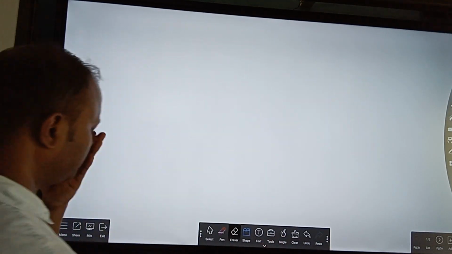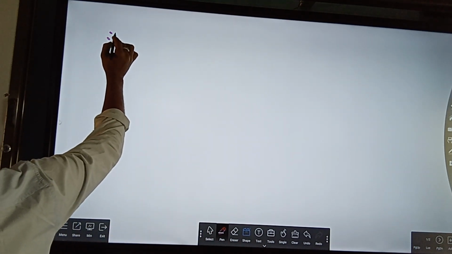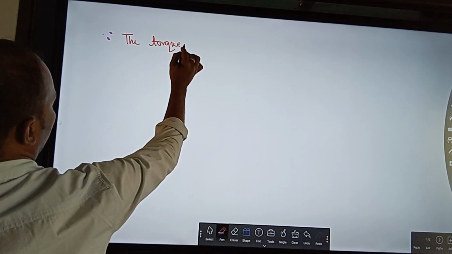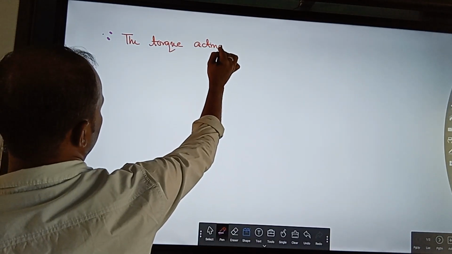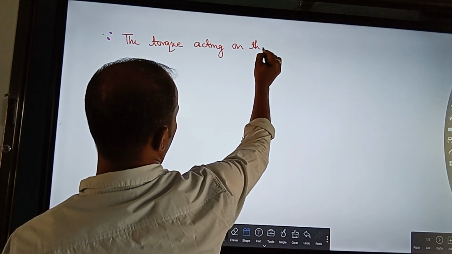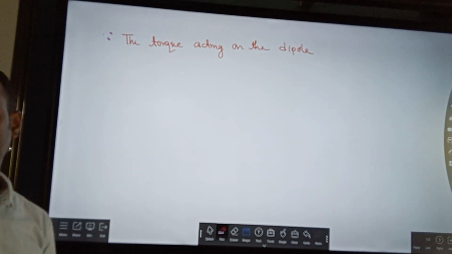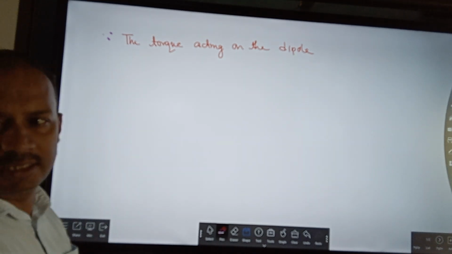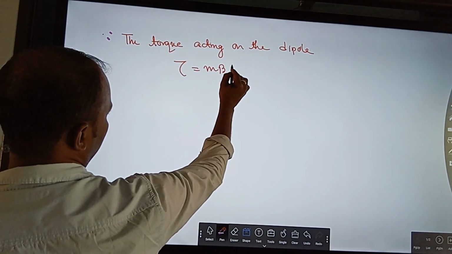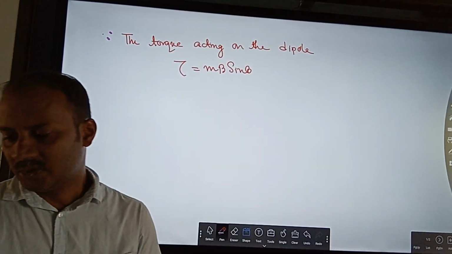Since the torque acting on the dipole, tau is equal to mb sin theta. So there is a small work done.